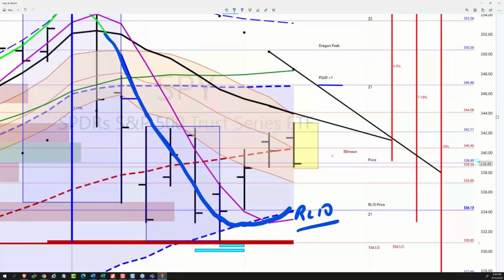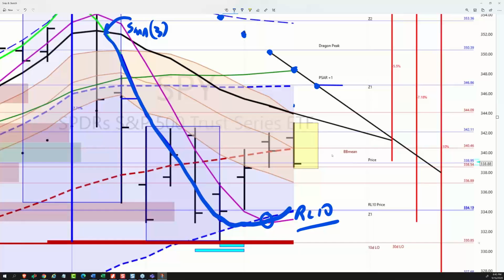And we notice that it just crossed the baby dragon to the upside. That baby dragon is the simple moving average 3 of the RL10. And we notice the PSAR, which demarks the trend boundary.